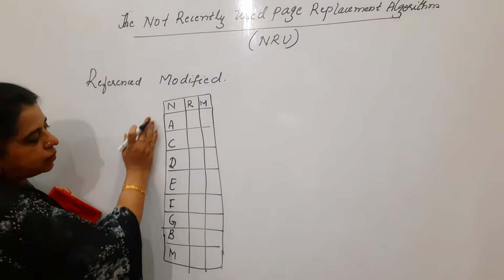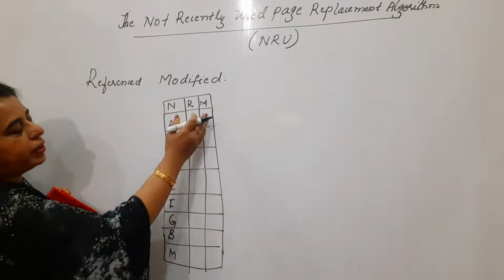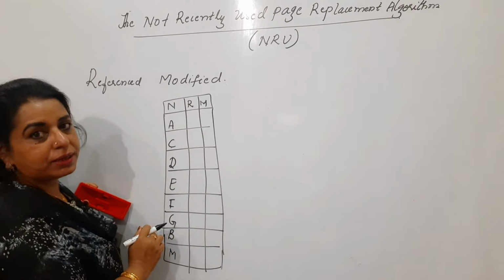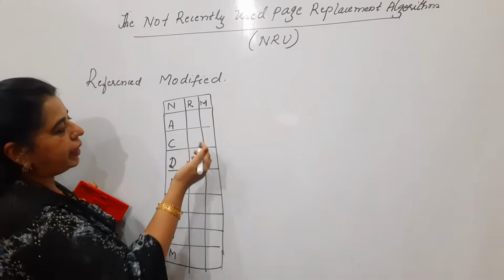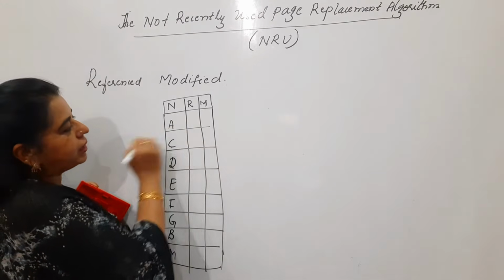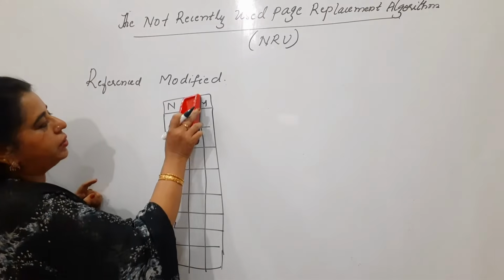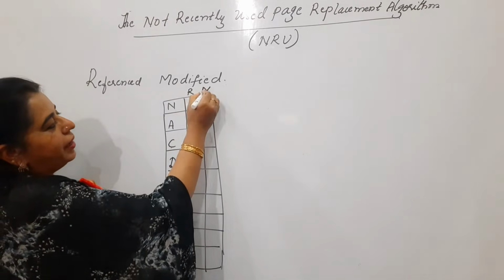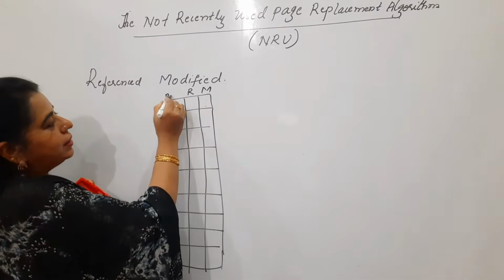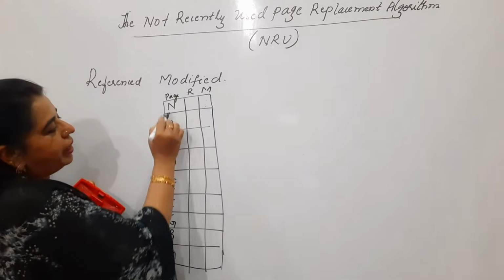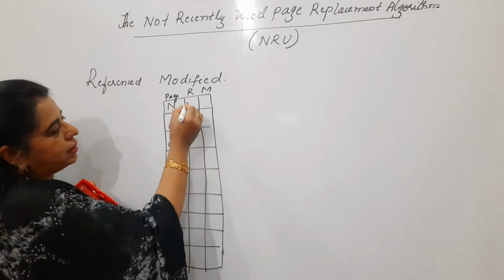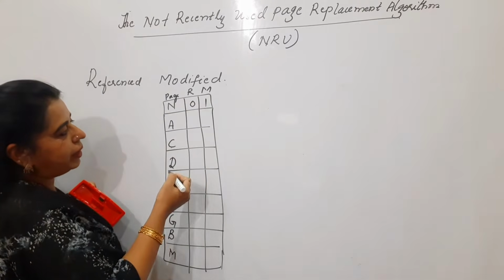Suppose now let us assume that for each of these pages the value for the reference bit and the value for the modified bit is given. Now let me just write randomly some numbers. Here is the column heading, R for reference and M for modified, and these are the pages N, A, C. Let us assume that for N the reference is 0 and M is 1, randomly I am taking.